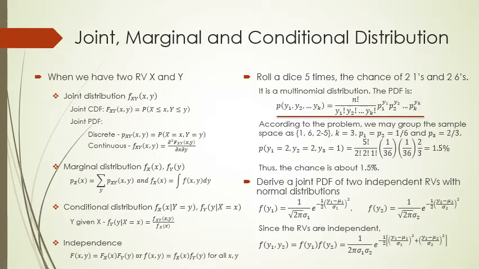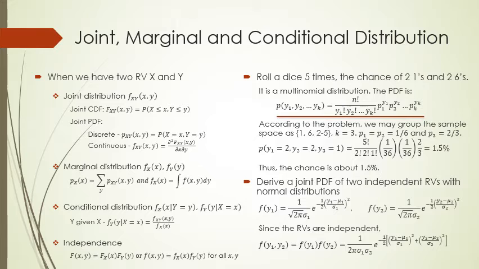Correspondingly, p1 is equal to p2 is equal to 1 over 6, and p3 is 2 over 3 for the three groups. Using the probability mass function, we have the chance of 2 ones and 2 sixes is about 1.5%. This example helps us to understand the joint distribution of discrete random variables.